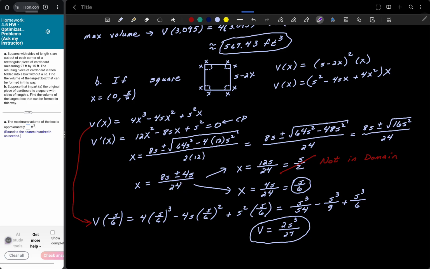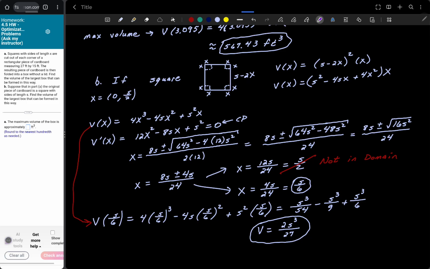Now, I didn't mention it earlier, but again, in this problem, you had to be thinking about a reasonable domain. Well, you know your height can't be more than half of the length of a side, because if it is, you don't have any dimension left to form the base of your box.